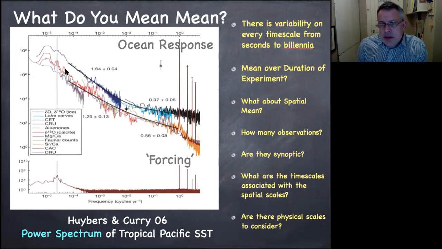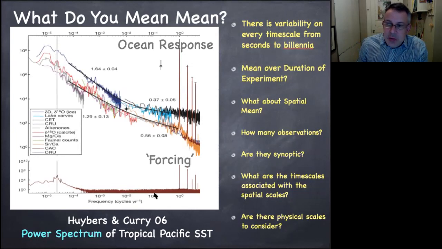So a power spectrum is a way of taking a Fourier, that is, frequency by frequency, decomposition of a time record. This time record happens to be the Pacific sea surface temperature record. And so there are a bunch of different paleoproxy estimates that are used to fill in this range of time scales. And this is in frequency. Here's 1 year.